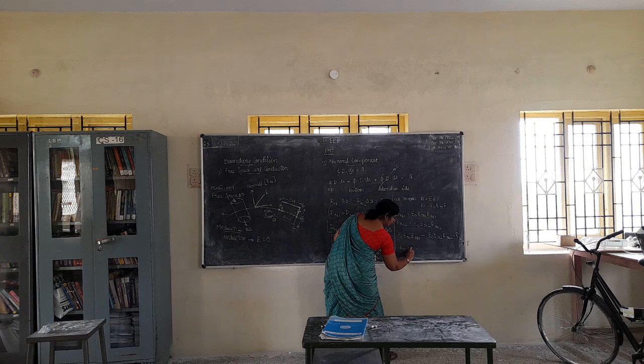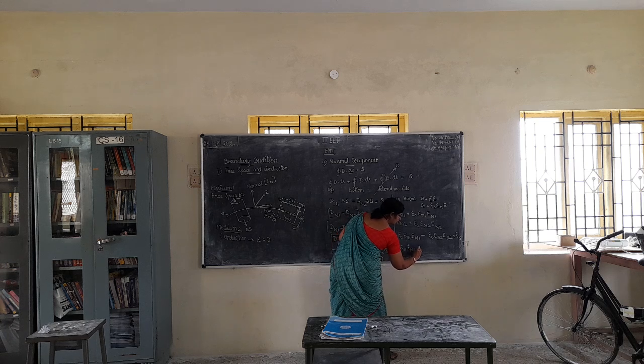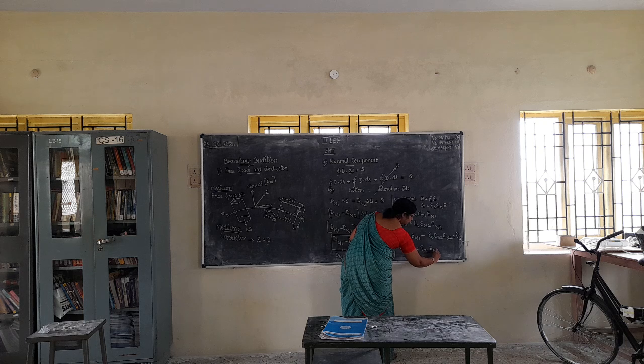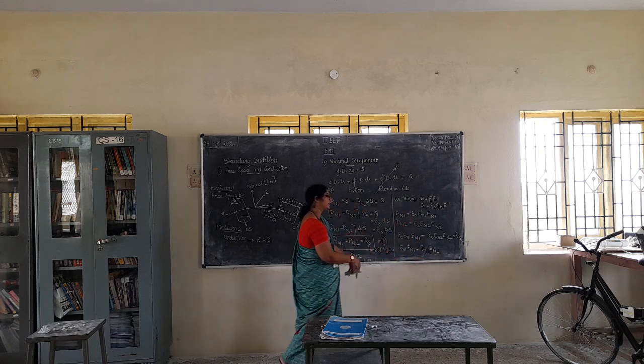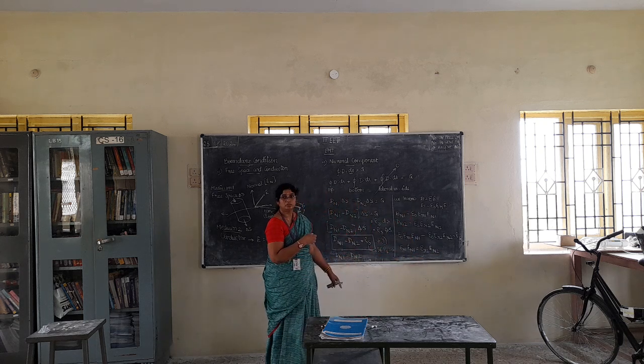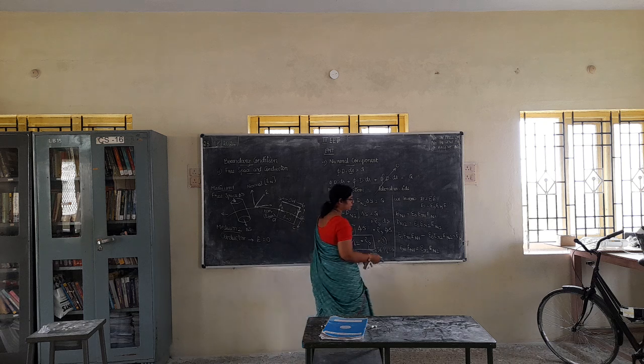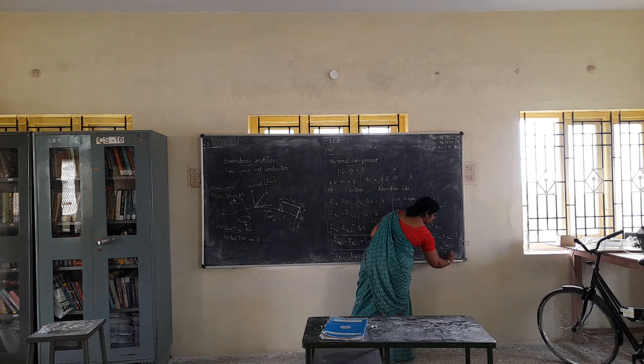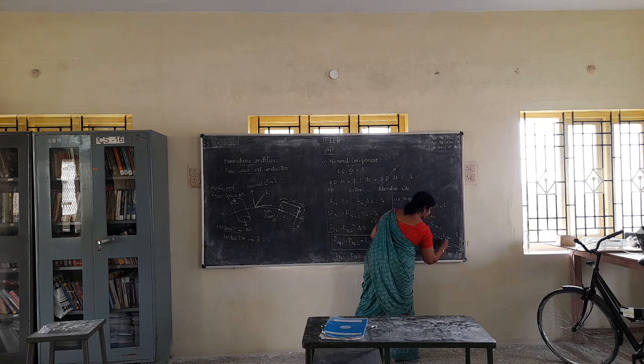So epsilon r1 En1 will be equal to epsilon r2 En2. So En1 by En2 will be equal to epsilon r2 by epsilon r1. En2 by En1 will be equal to epsilon r2 by epsilon r1.